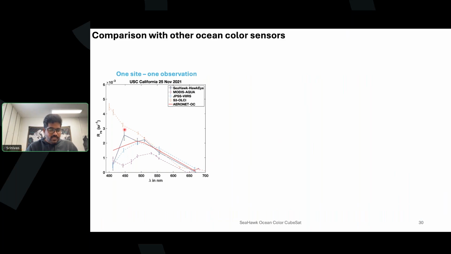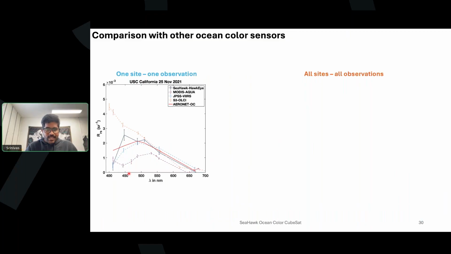And the other three lines correspond to different sensors like MODIS Aqua, JPSS VIIRS, and Sentinel-3 OLCI. One of the things which we observe here for this one site and one observation is that from 488 to 560 or 670, they align very well, but in the blue region, there is a higher discrepancy. This is a common observation not only with Hawkeye, but with other ocean color sensors as well.